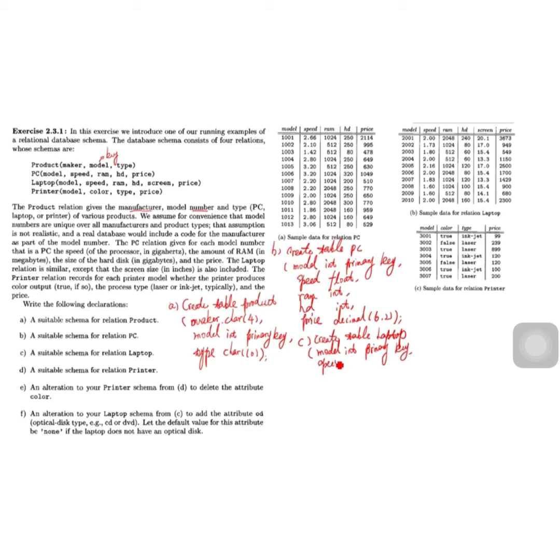Speed, oh sorry, speed int and RAM int, HD int, screen, use decimal, and the price. Choose a domain. Okay, that's all.